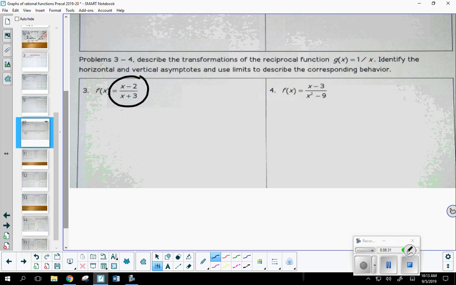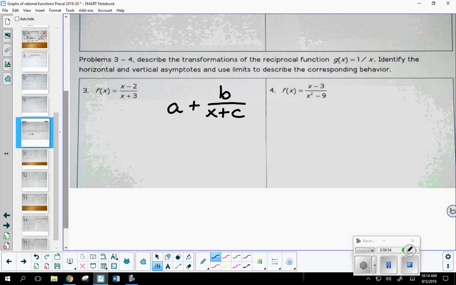Now, what I'm about to show you, you have to get kind of creative, and you can really only do this if you have a linear function divided by another linear. What I want to do is write it in this form. I want to have it as a plus b over x plus c. If I can get my rational function in that form, I'm going to be able to list the transformations like we were doing a moment ago.